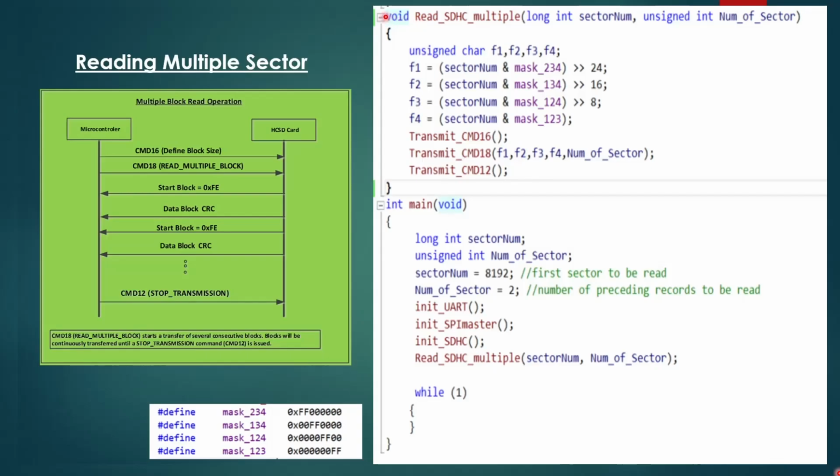So this is the routine that's going to do the work, which is read SDHC multiple. We need to provide the sector number where we need to start reading, or I'd say the sector that we need to read first, and then the number of sectors we have to read from that point on.